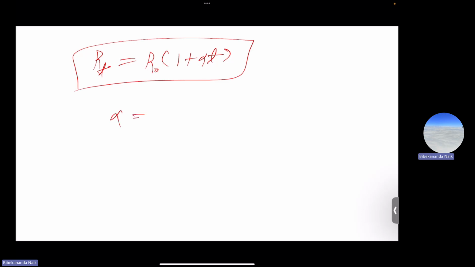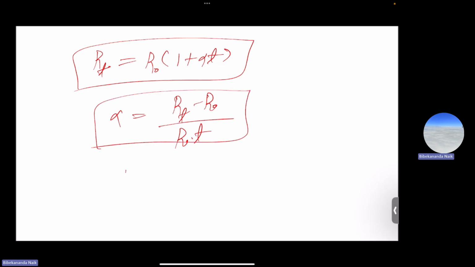That is given by RT equals R0 into 1 plus alpha T, where alpha is given by RT minus R0 by R0 into T. When alpha is positive, that is RT is greater than R0, we call it the positive coefficient of resistance, and when alpha is negative, that means RT is less than R0.